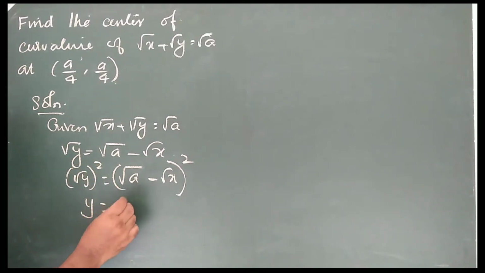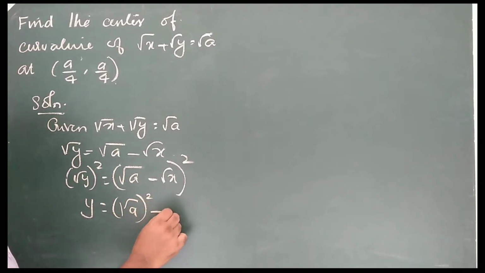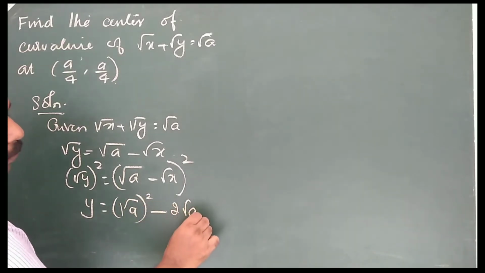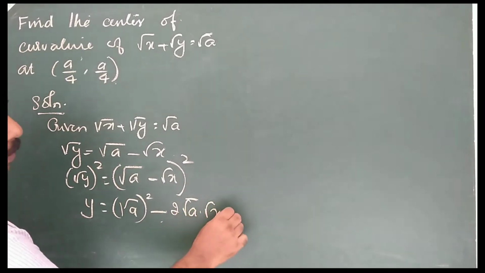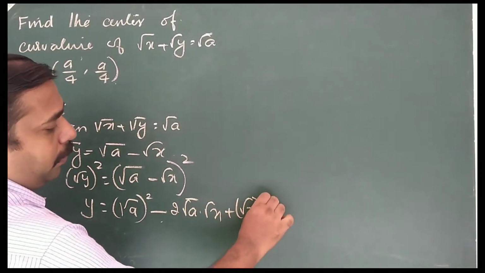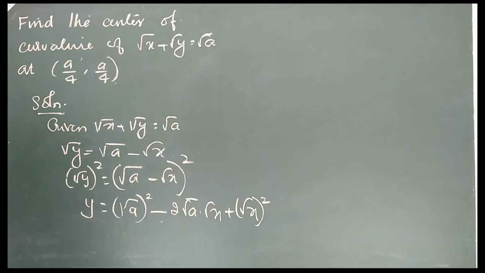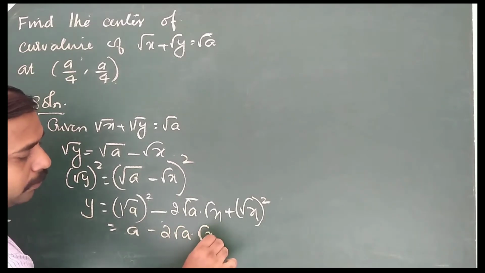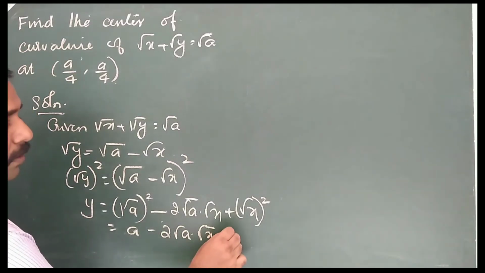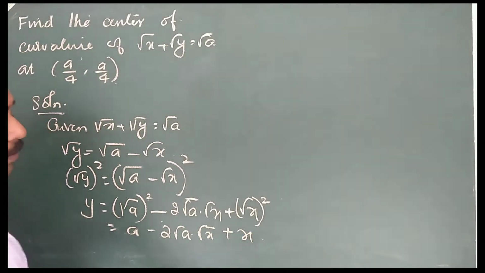That is y equal to, this is a minus b whole square, that is root a the whole square minus 2 root a root x plus root x the whole square. So this is equal to a minus 2 root a root x plus x.